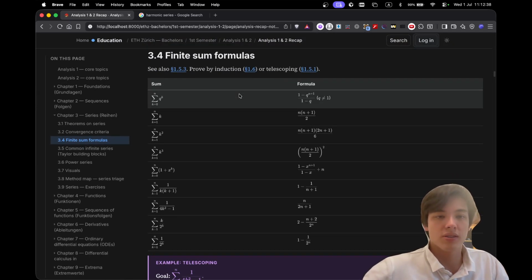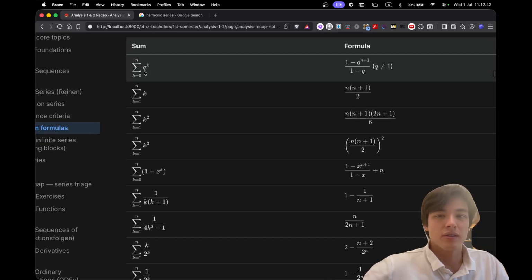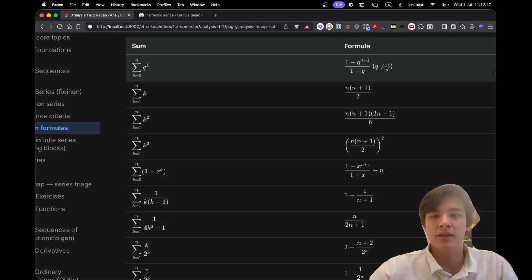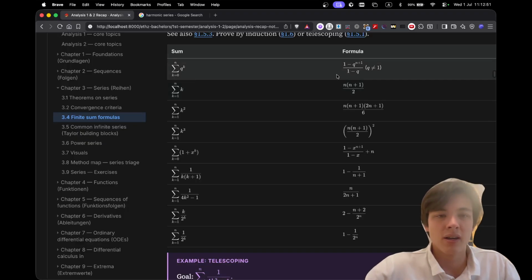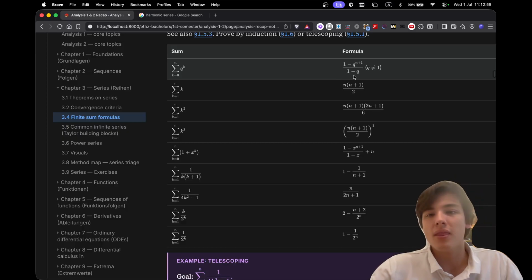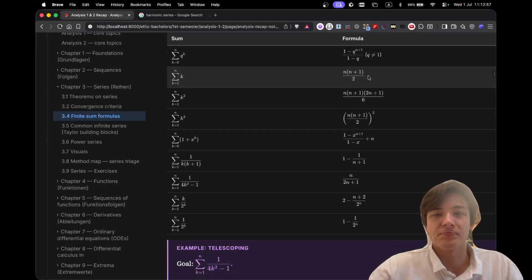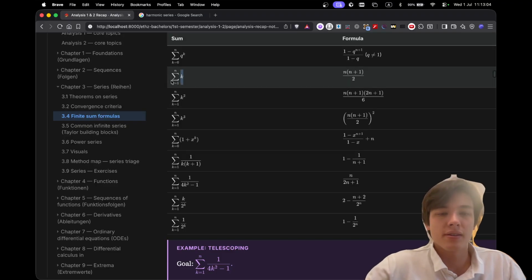Some formulas to get the sums. I think we already saw a few. A number to the power of n, we can rewrite it like this. The sum going up to n, we saw this formula again.